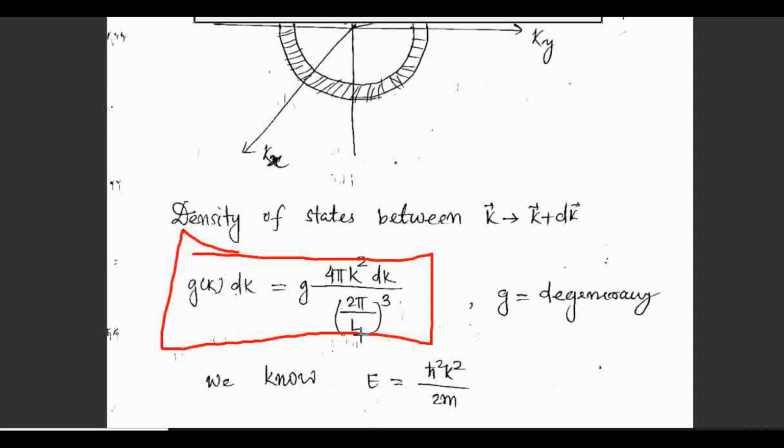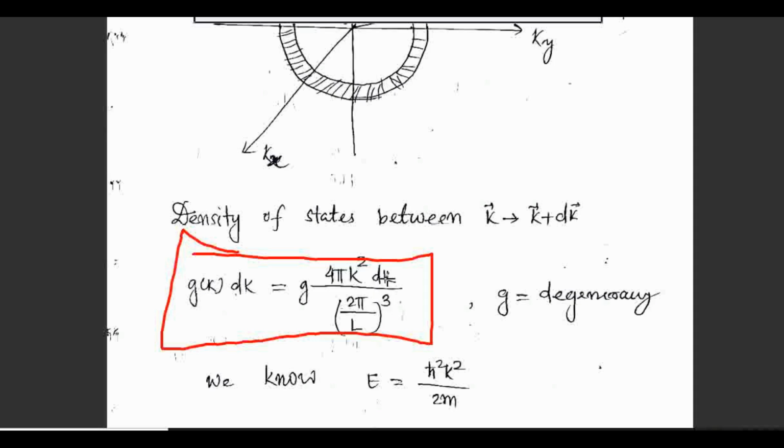Here 2 pi by L is the distance between two lattice points in reciprocal space. As we are considering 3 dimensions, we have to cube it.